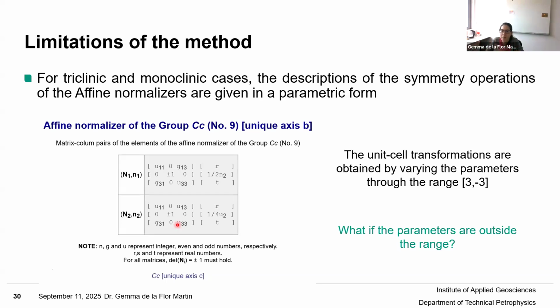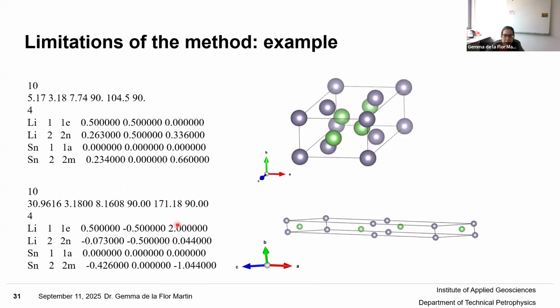But what if the parameters of these unit cell transformations lie outside this range? In these cases, the program, unfortunately, is unable to compare the structures. That is what we have in this case. Here we have an example of two monoclinic structures that look quite different, but they are symmetrically equivalent.